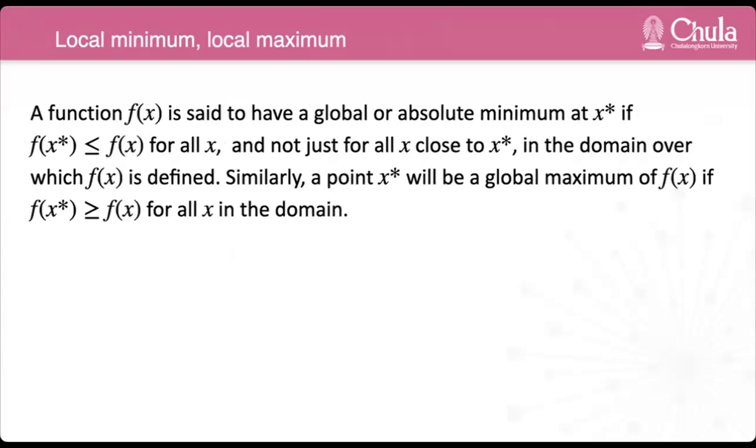Oh, the title of this slide should be global minimum, global maximum, not local. If function f(x) is said to have a global or absolute minimum at x star if f(x star) is less than or equal to f(x) for all possible x in the domain. So we don't care about the neighbor points, but we compare for the whole range of the domain.